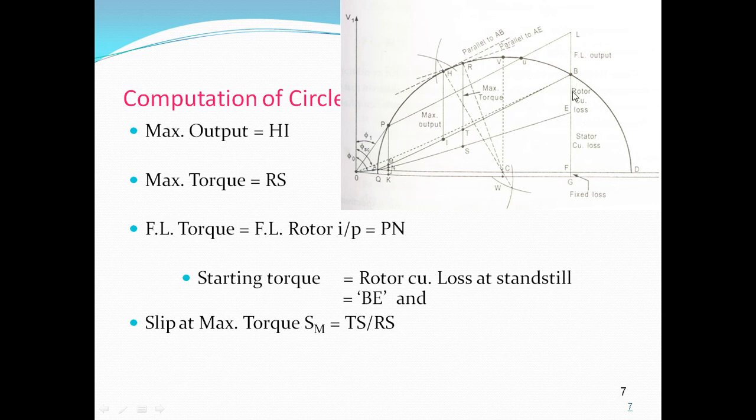And next, slip at maximum torque is equal to TS by RS. So these formulas we have to remember, and by using these formulas, just by measuring the values we can draw the circle diagram and calculate the different values.